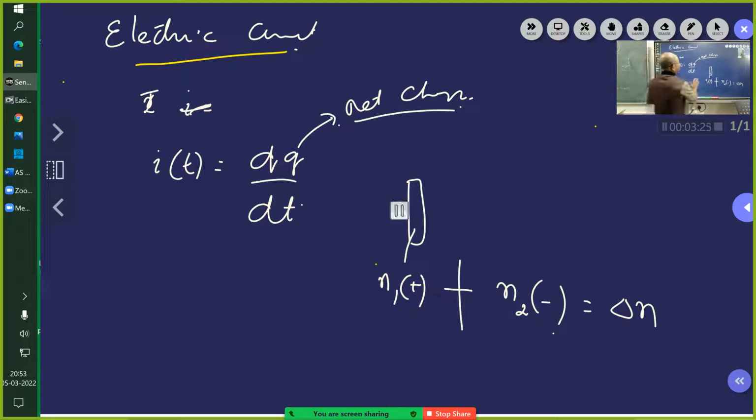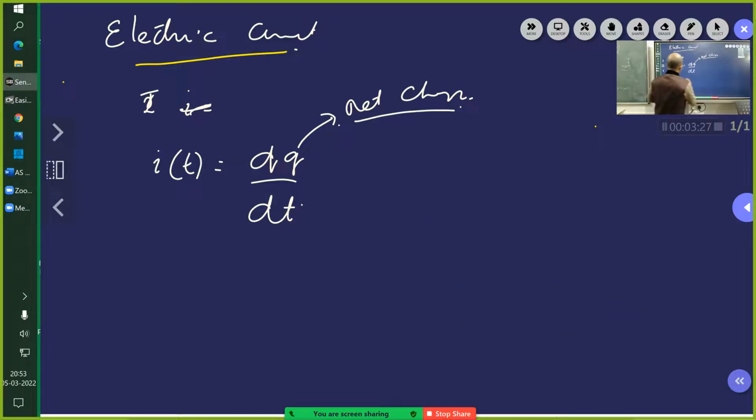So what it means is, if you are considering an area like this, or a point in space, now charges are moving. Continuously charges are moving across this area or the point. Now assuming that the electrons are moving like this, and the positive charges are moving like this.